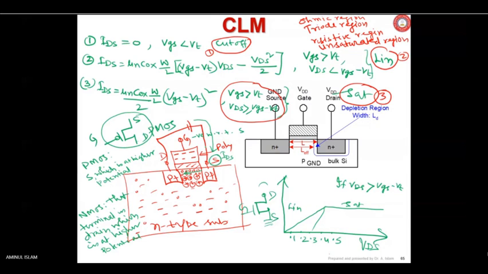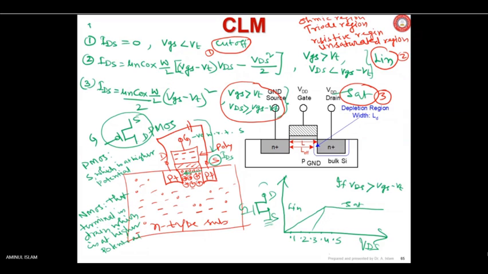Negative gate voltage with respect to source, and if that voltage is negative enough, then only is it called the negative enough gate voltage.